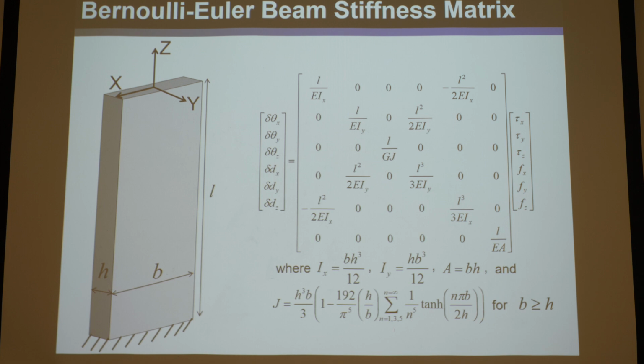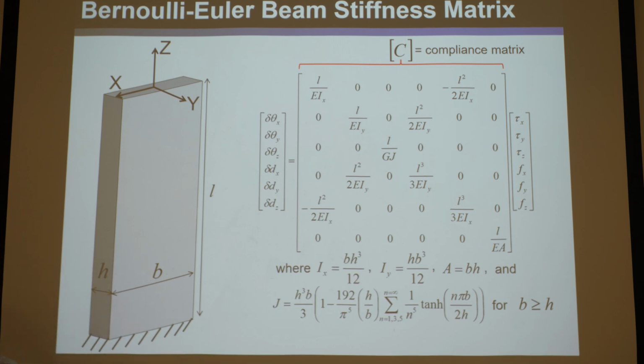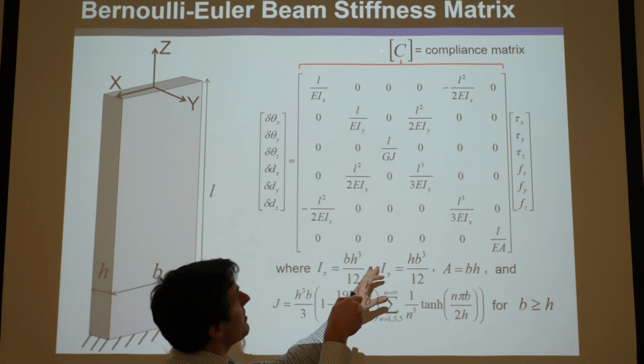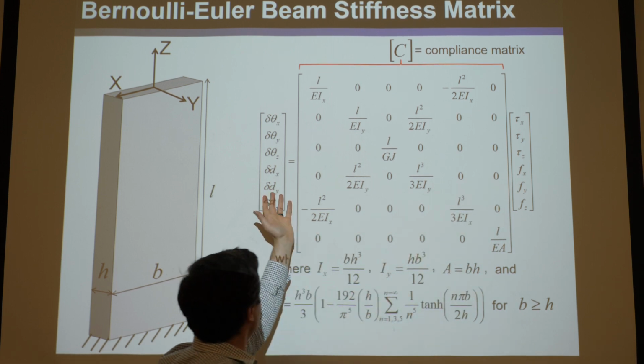Okay, so this is called the compliance matrix. Remember, stiffness is what you usually multiply by displacement to equal force. F equals kx, right? Well, compliance is the inverse of stiffness, or 1 over k, and it's what you multiply force by to equal the displacement. And so in this case, we call this the compliance matrix C, because we're multiplying our loads by it to get the displacement.